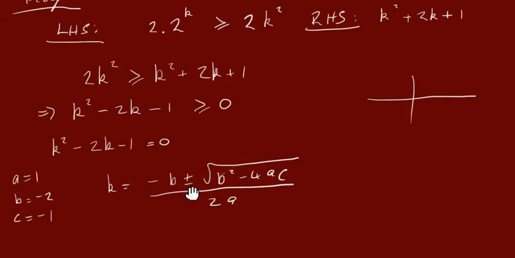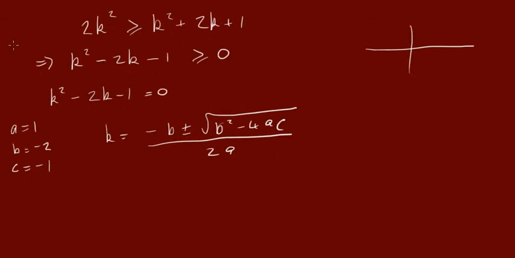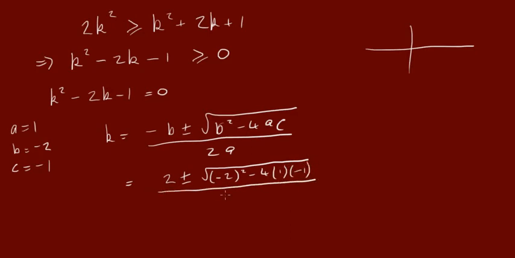When we put our values into this formula, minus b, so minus minus 2 is just 2, plus or minus the square root of b squared, so that's minus 2 squared, minus 4 times a, which is 1, and c, which is minus 1. And all of that is over twice 1. So I get 2 plus or minus the square root of 2 2s are 4.